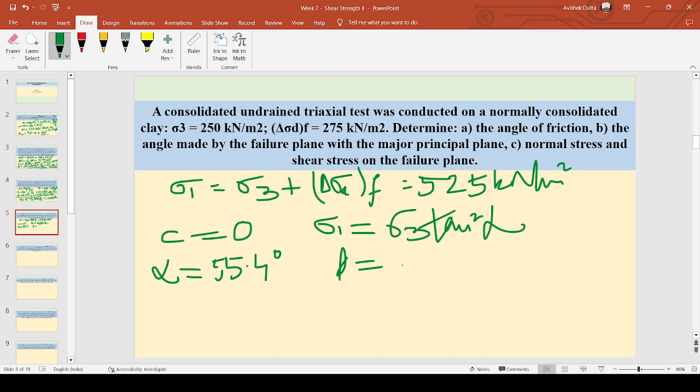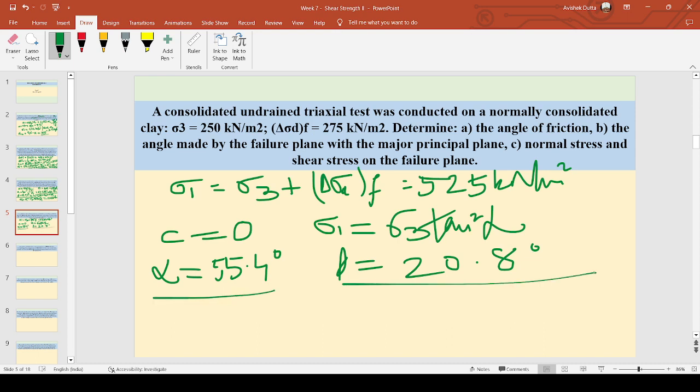Yes, the value of phi is 20.8 degree. So angle of friction is obtained. Angle made by the failure plane on the major principal plane is obtained. This value of alpha and phi we have obtained.